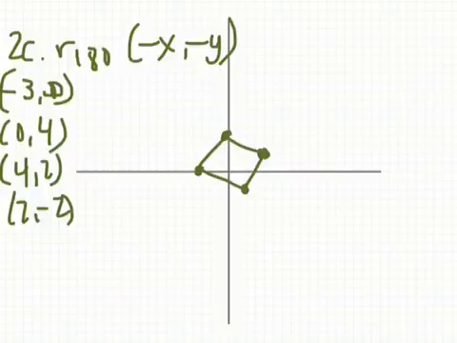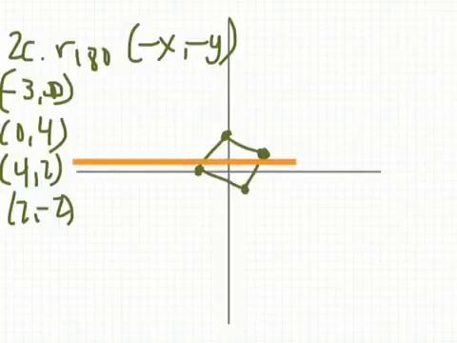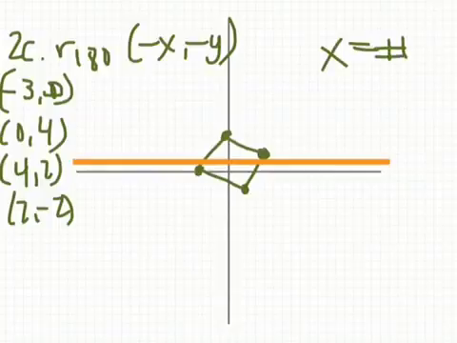So then, reflect over y equals 1, and that is a horizontal line at 1, right? It says go to the y-axis at 1, which is right here, and you're going to make a horizontal line. If it were x equals a number, it would have been a vertical line. And then this is just counting.